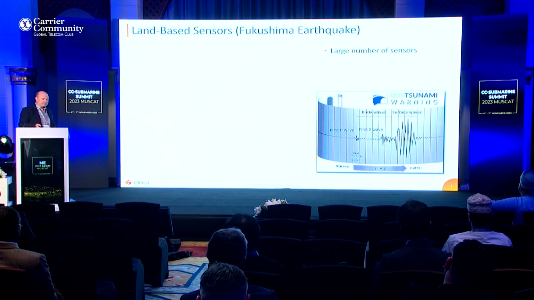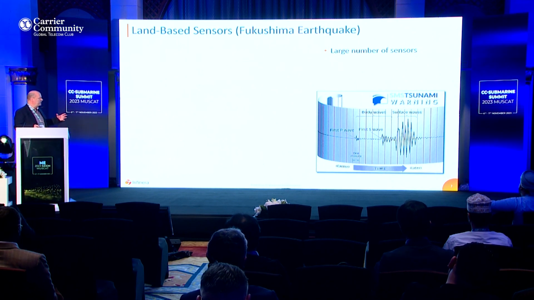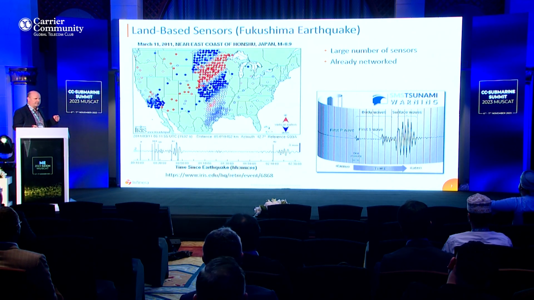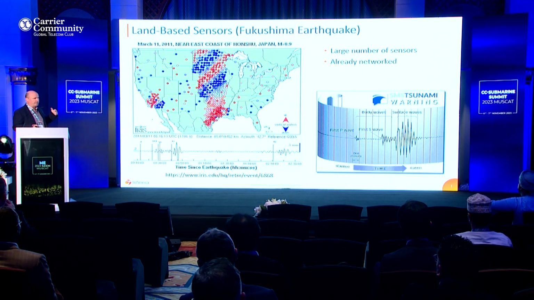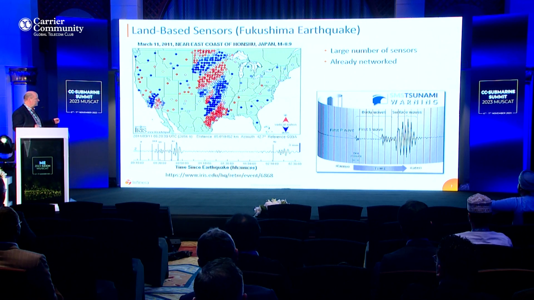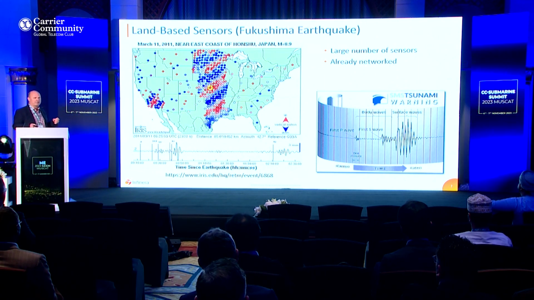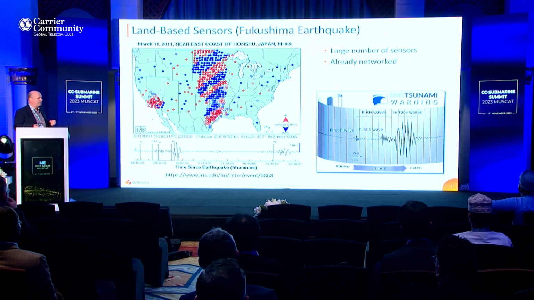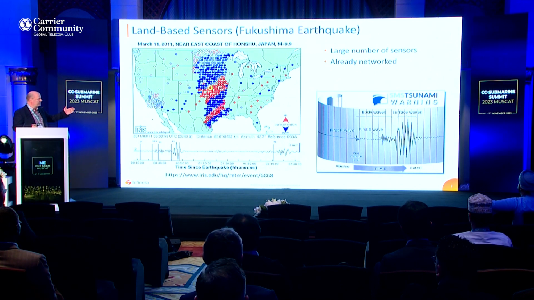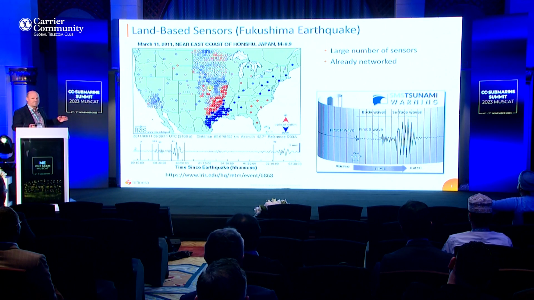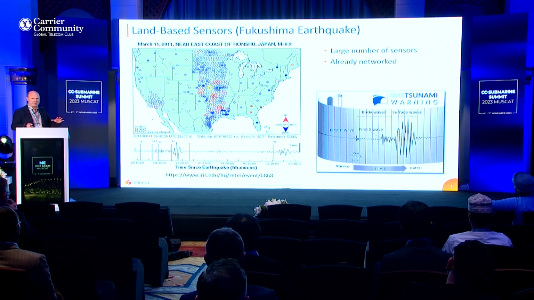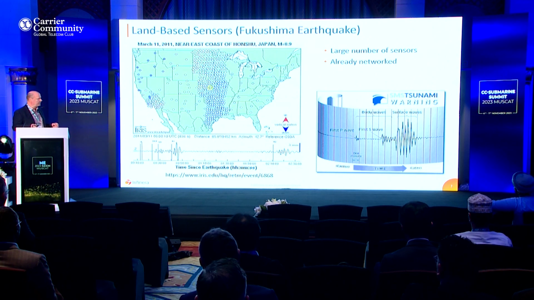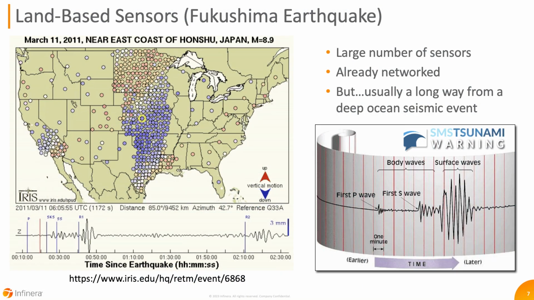I have here an animation of when the Fukushima earthquake struck. You can see a typical footprint of an earthquake: you first get the P wave and S wave, which propagate through the depths of the earth, and then it is followed by a far more violent surface wave, and this is the one that moves the earth, and we feel it.